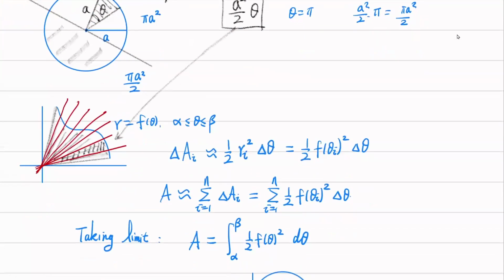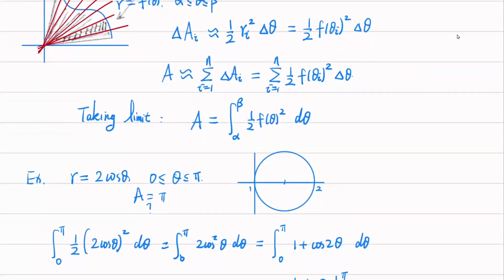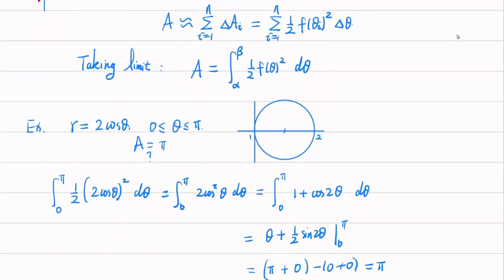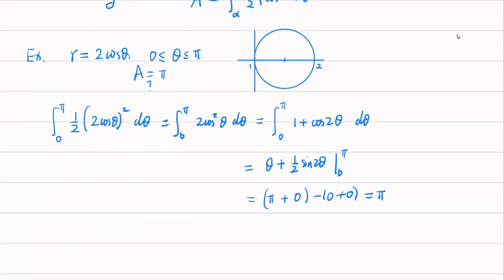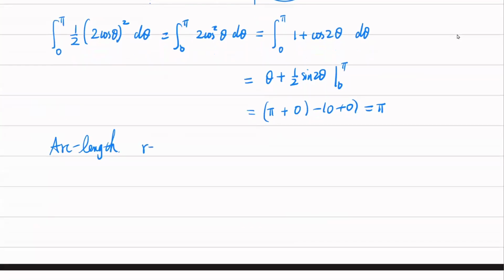Okay, so the area is very nice. A little bit more challenging in this case is the arc length. Again, we have the polar curve. I have 5 minutes to finish this formula.